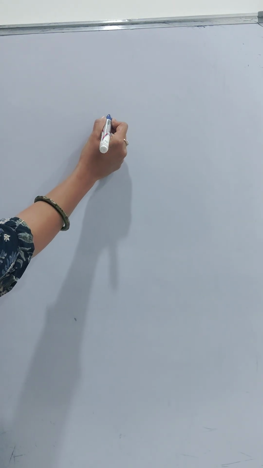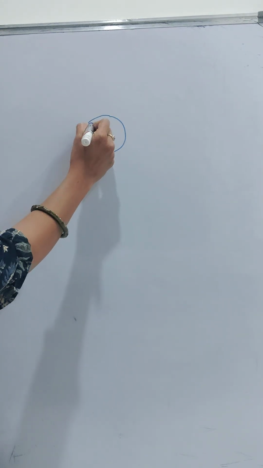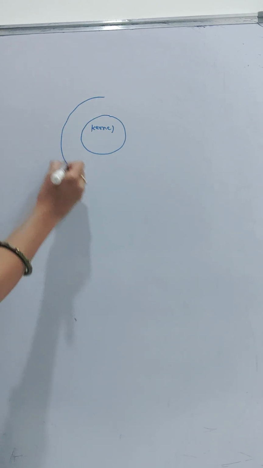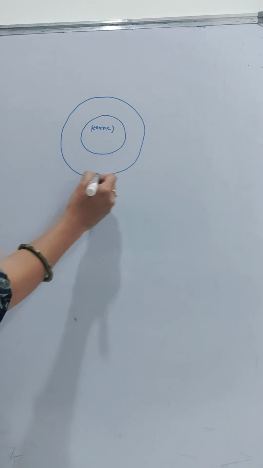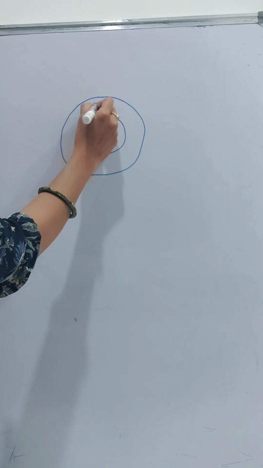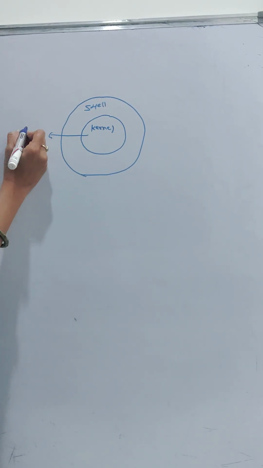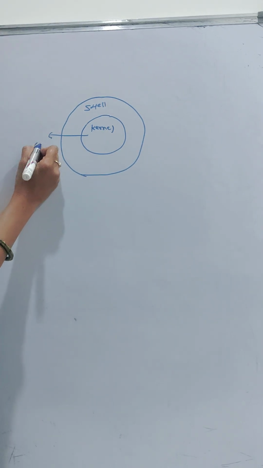Okay, so now I will discuss two major components of operating system. So first component is kernel and this is shell. So this kernel is a core component.